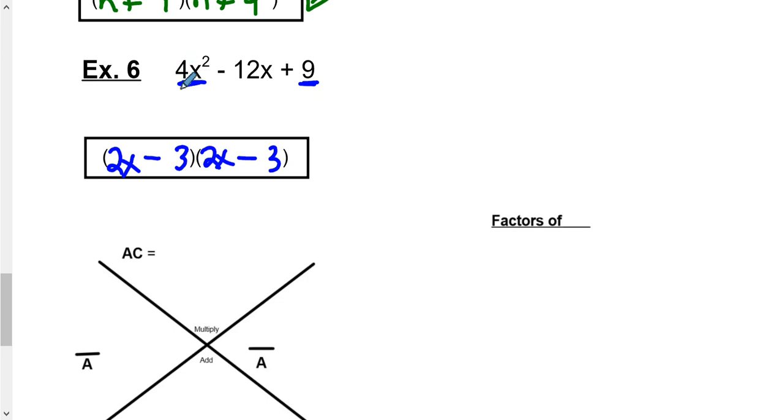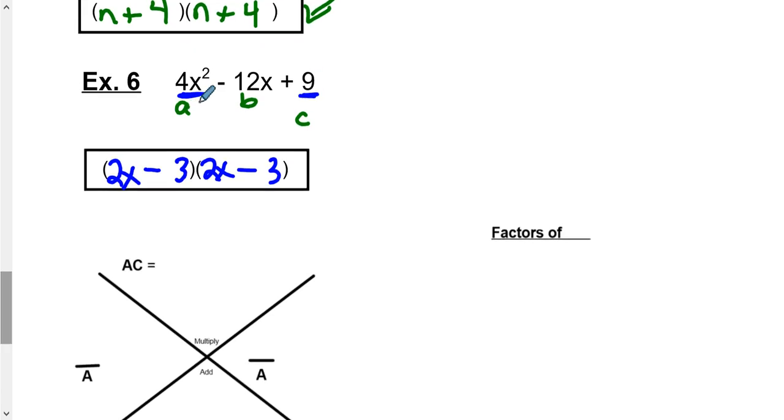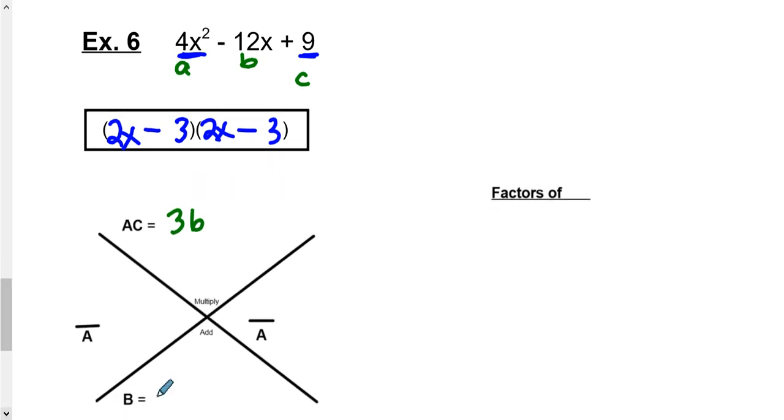So A is 4, B is negative 12, and C is positive 9. On the first part of the X, we are going to multiply our A and C. Our A is 4, our C is positive 9, so that's 36. Then we're going to write down our B. Our B term is a negative 12.